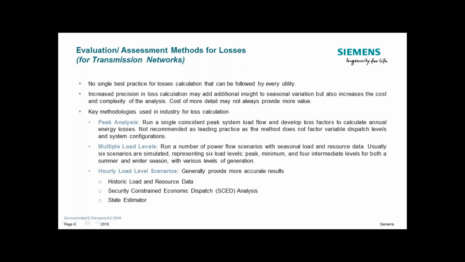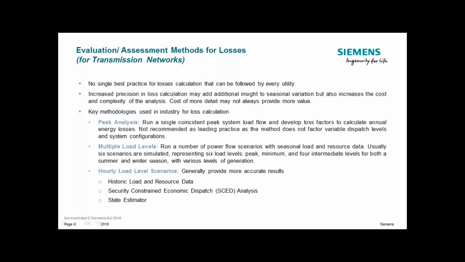So increasing the precision of loss calculation may add additional insight, such as seasonal variation, but also increases the cost and complexity of the analysis. The cost of more detail may not always provide more value when we are talking about loss reduction, because we always look at losses against the financial side, like return on revenue, or financial analysis.